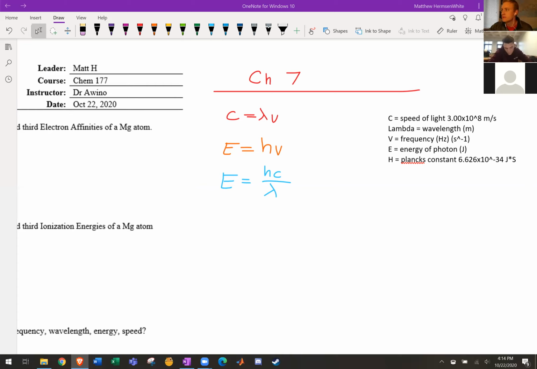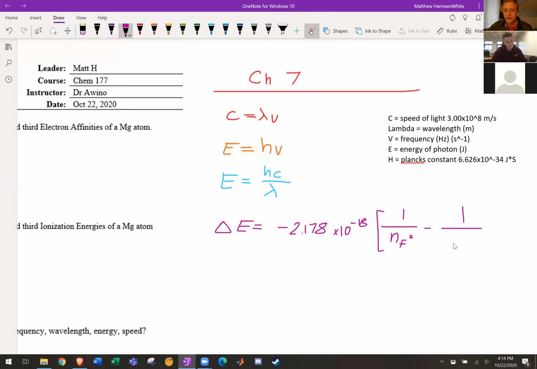Let's see, there's one other equation I can think of. Oh no, there's two other ones. So one of them here is, let's see where it is. So change in energy is -2.178 times 10 to the -18 times 1 over n final squared minus 1 over n initial squared.